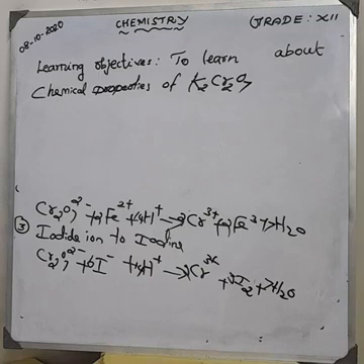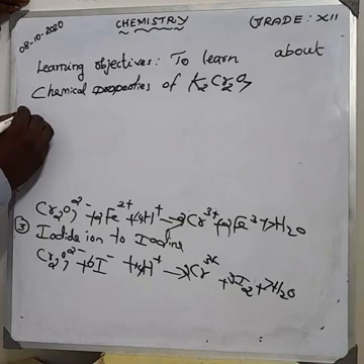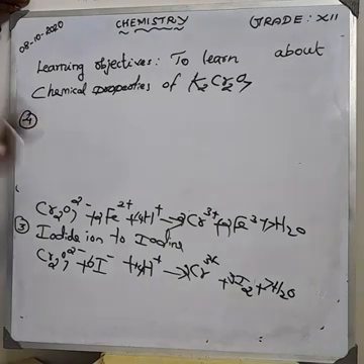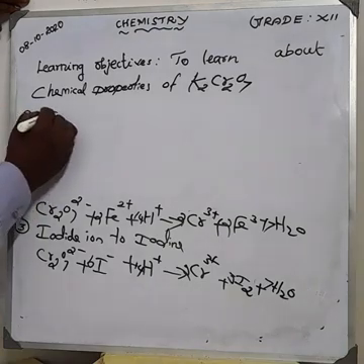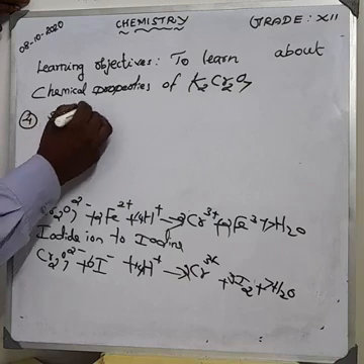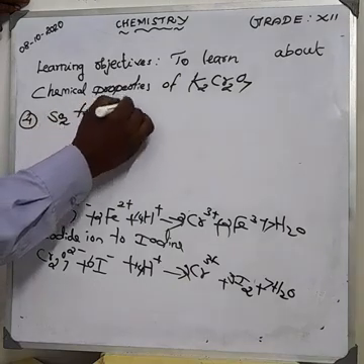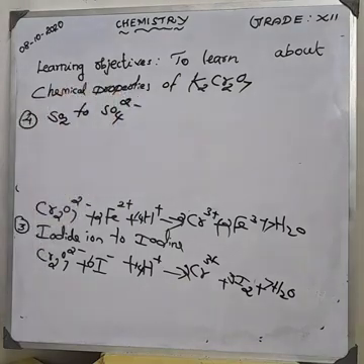The fourth equation is, it oxidizes sulfur dioxide to sulfate ion. What is the formula for sulfur dioxide? SO2 to SO4 2 minus ion, sulfate ion.